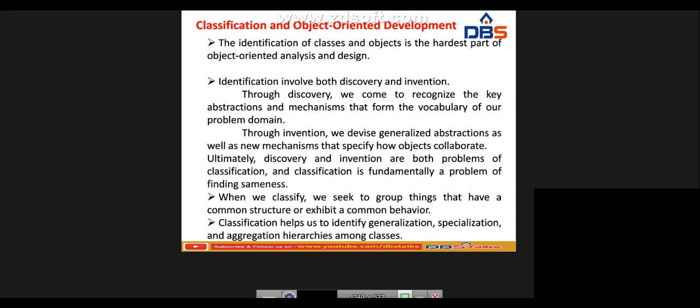These are the most important relationships among classes: generalization, specialization, and aggregation.